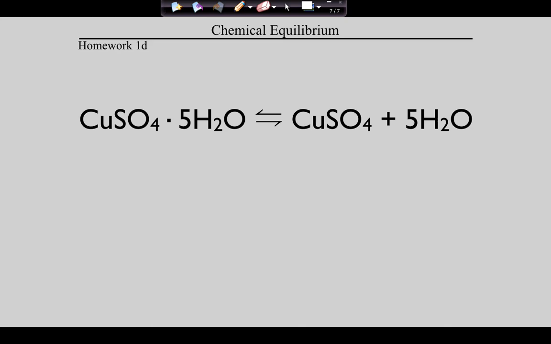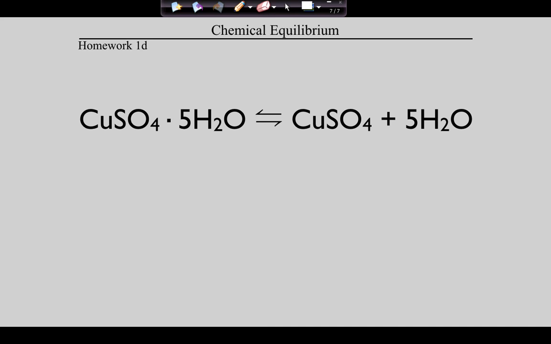When you heat this, the ionic bonds inside the copper sulfate break down and all the water goes away. That's what this is representing. If you take this thing and heat it up, the bonds inside the copper sulfate break, the water goes away, and then the copper sulfate reforms in its dried out or dehydrated form. And guys, that's what this is talking about.